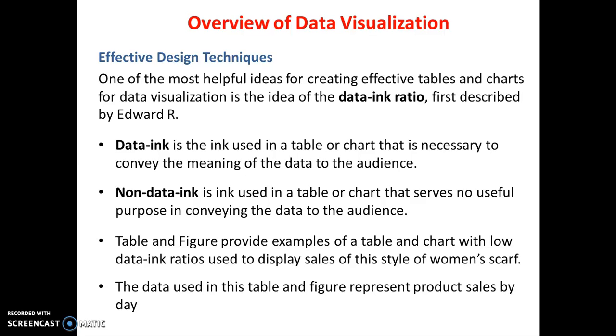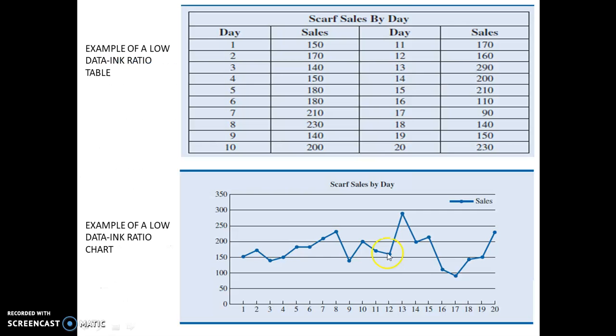The table and figure provide examples of a table and chart with low data-ink ratios used to display sales of this style of women's garment. The example is given here. You can see the day-wise sales is given, for 20 days, and the sales range is given over here.